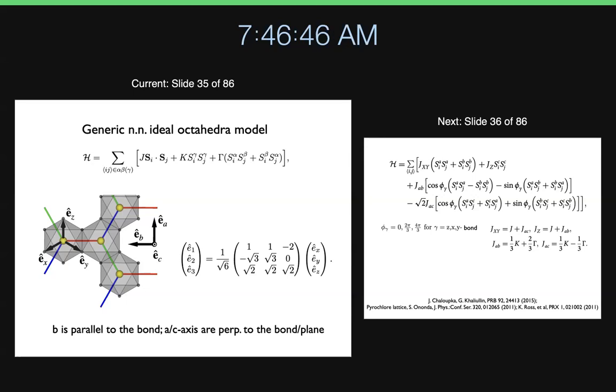We have this XYZ bond, so it's perpendicular to one of the bonds. You can choose that direction. If I have R3 bar, which is the 120 degree rotation symmetry preserved, in other words, C3 is there, then you can choose this perpendicular to the Z bond, perpendicular to the X bond, perpendicular to the Y bond. It is the direction that is perpendicular to one of the bonds.